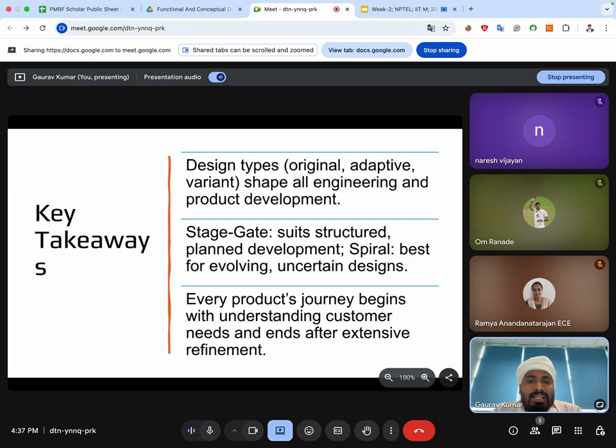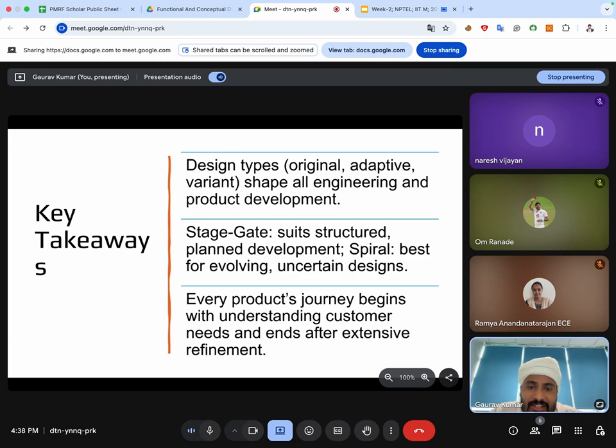Whether we are building medical devices for differently abled individuals or designing a mobile app for farmers, the first step is always: what problem are we solving? This is what we call customer need analysis, right?